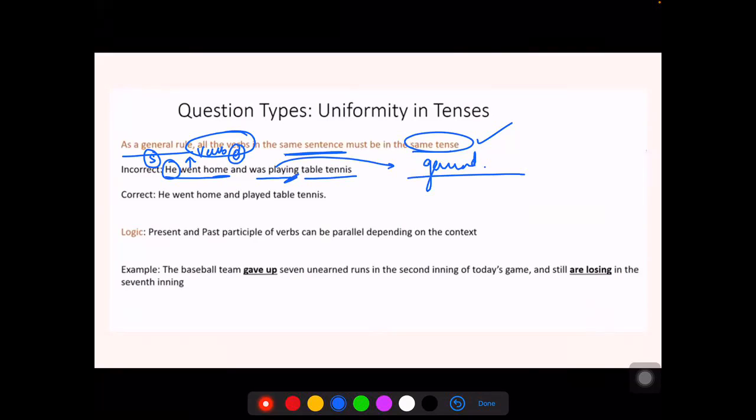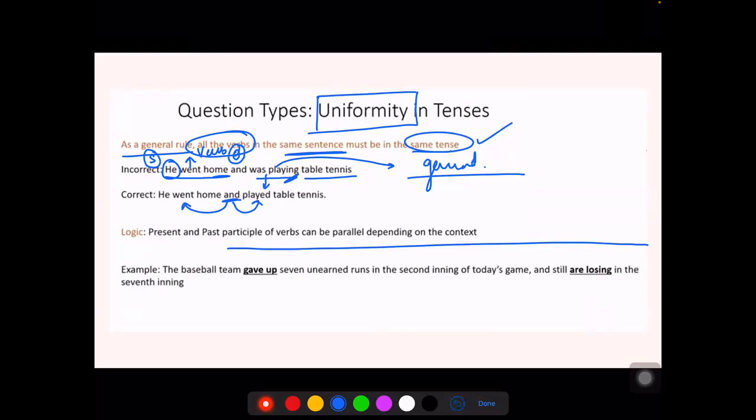So when we ask our students what should be there, they will say 'played', right? Because we have to talk at the same page. Before 'and' I am using 'went', after 'and' we also have to use 'played'. This is called uniformity. No doubt it is related to the parallel structure, but uniformity actually plays a vital role when the sentences are big enough, right?